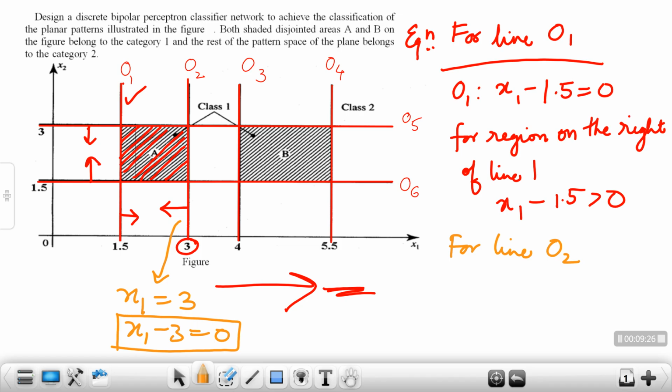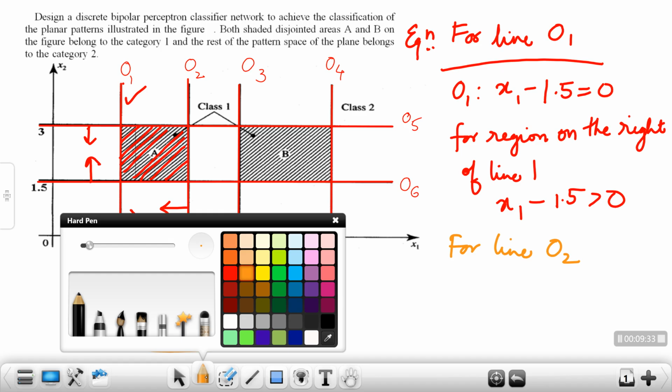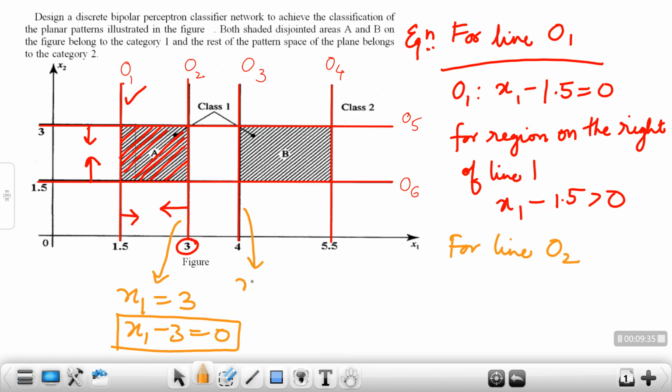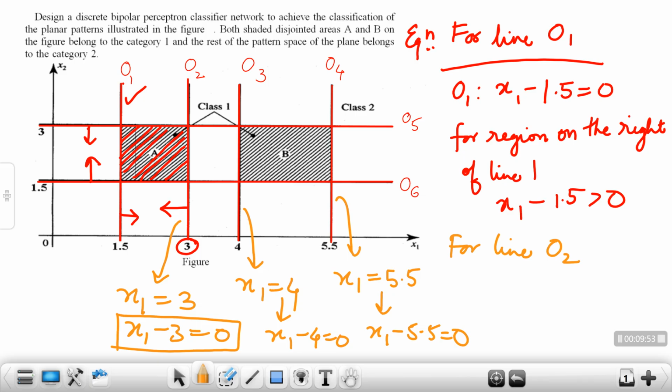Similarly, the equation for line O3 will be x1 is equal to 4 and the equation for this line will be x1 is equal to 5.5. Now I write it in this particular way, so it is x1 minus 4 is equal to 0 and this is x1 minus 5.5 is equal to 0. Now we'll take all these lines together, that is line O2, O3 and O4.